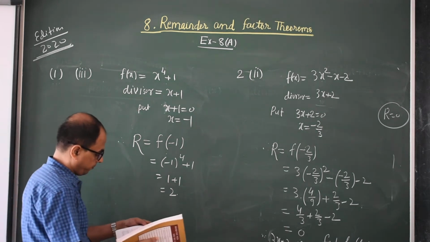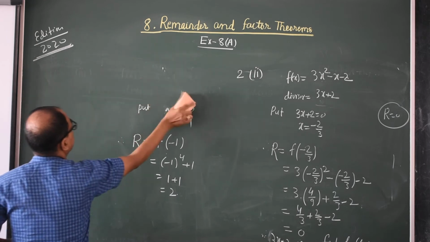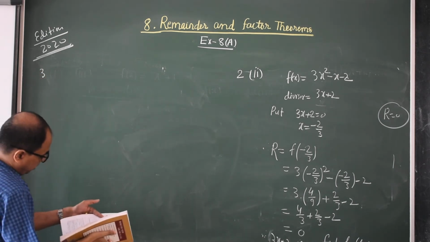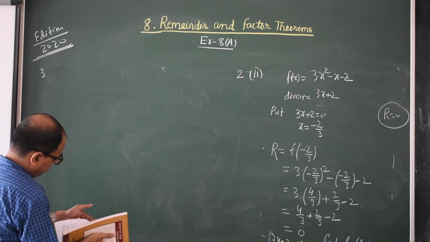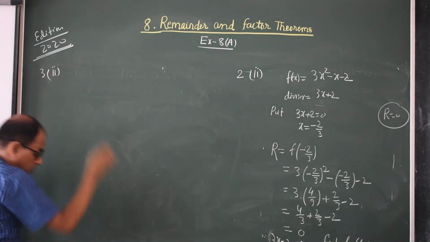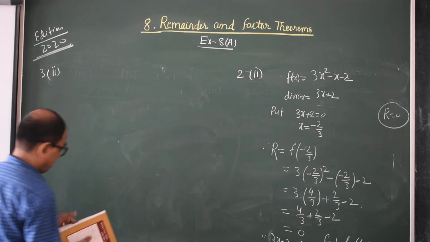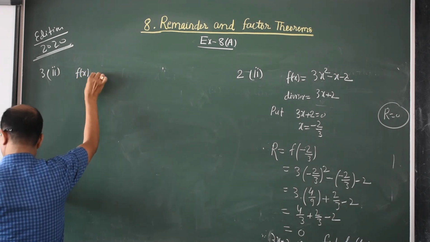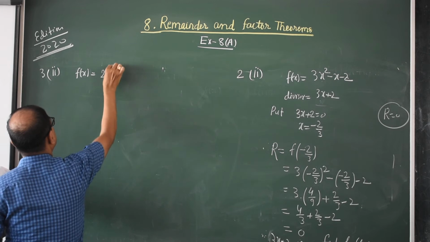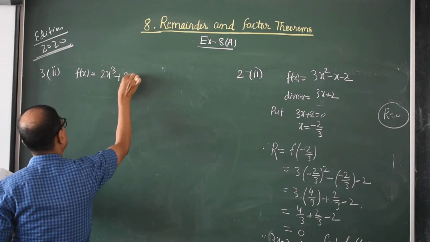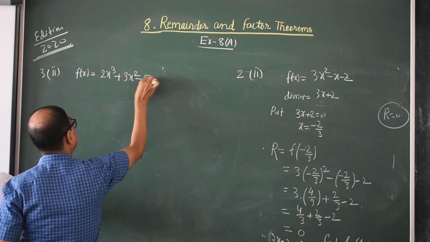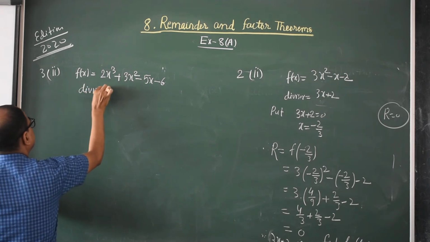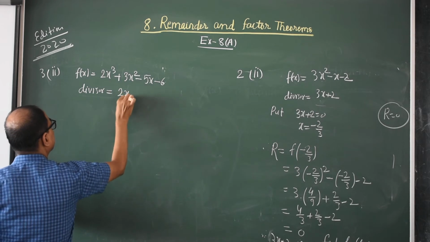Now question number 3, bit 2. Now the given polynomial is 2x cube plus 3x square minus 5x minus 6. Now the divisor is 2x minus 1.